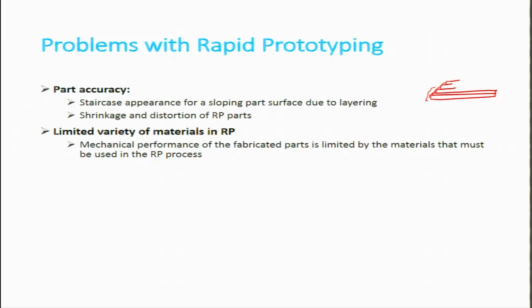rapid prototyping. And also there are certain shrinkage and distortions of rapid prototype parts. Obviously there is a very limited variety of the input material, and mechanical performance of the parts are limited by the materials themselves. You saw some of the materials, and if we compare that with, for example, metal, there is no comparison.